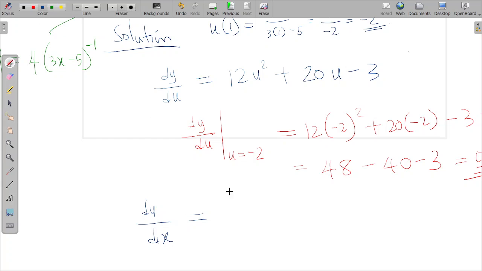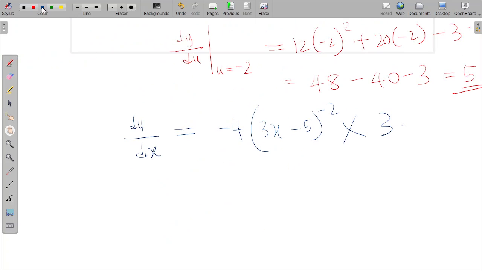So we are going to have minus 4 times (3x minus 5) to the power minus 2. That is the derivative of the outer function. Then multiply by the derivative of the inside, which is 3. With that, we have minus 12 times (3x minus 5) to the power minus 2.